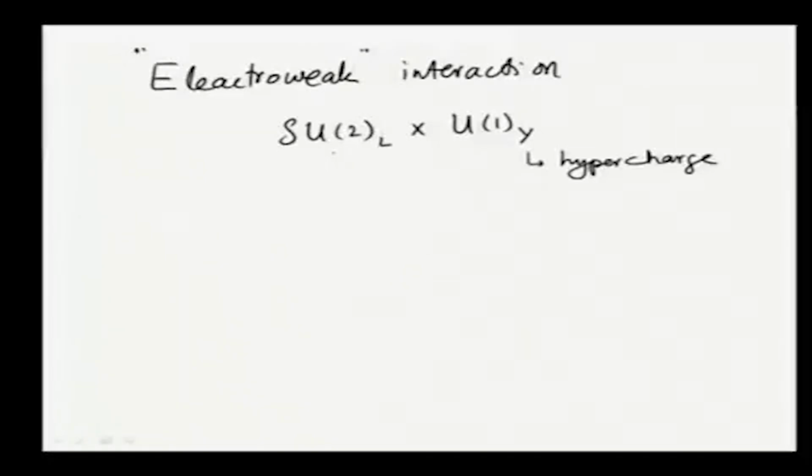So, we will not go into further motivations in this direction, but tell that this is what we are going to consider. The symmetry group considered is SU2 cross U1, L to denote that only the left-handed particles are going to be affected by transformation under SU2, and Y to denote that the charge corresponding to U1 is what is called hypercharge, denoted by Y.